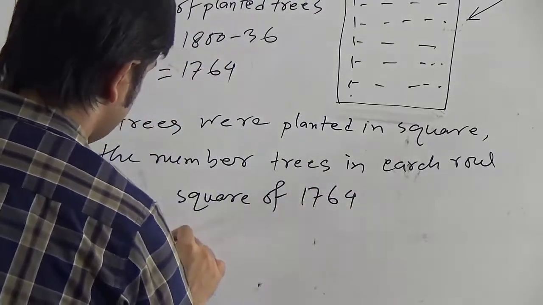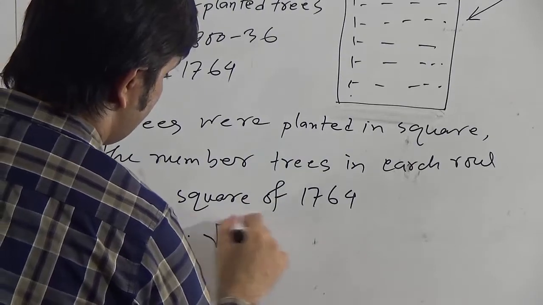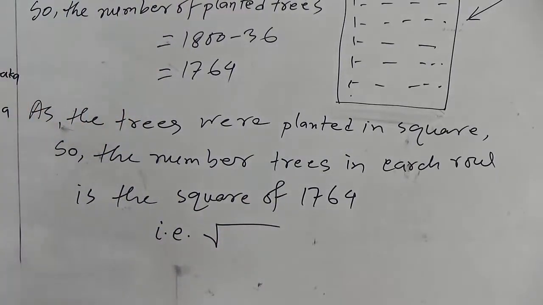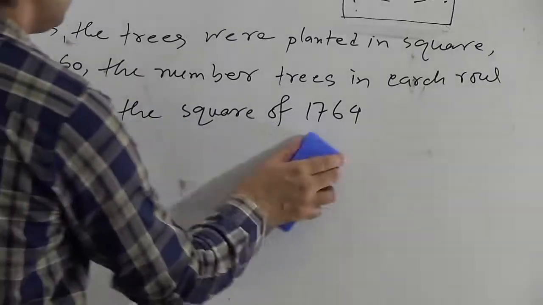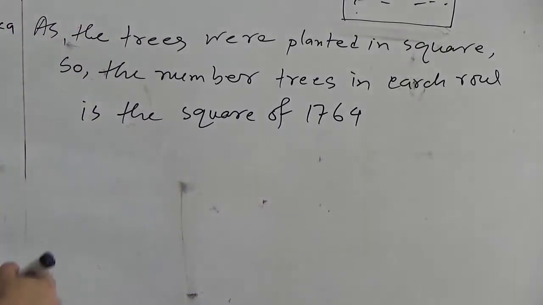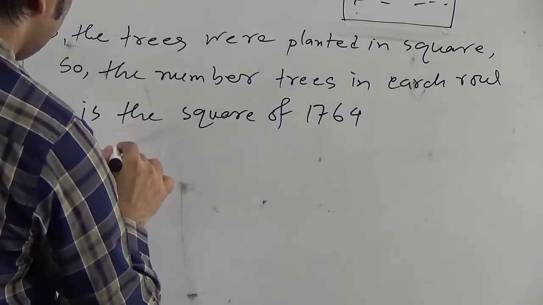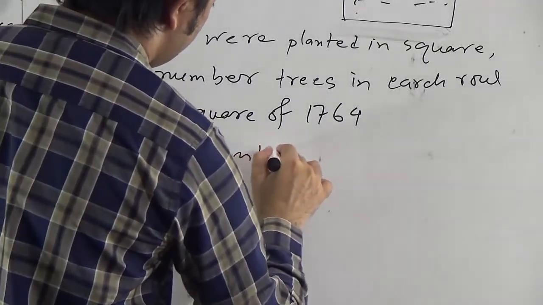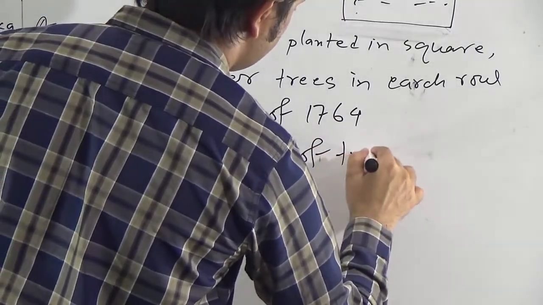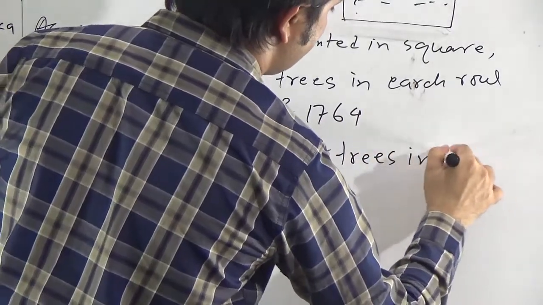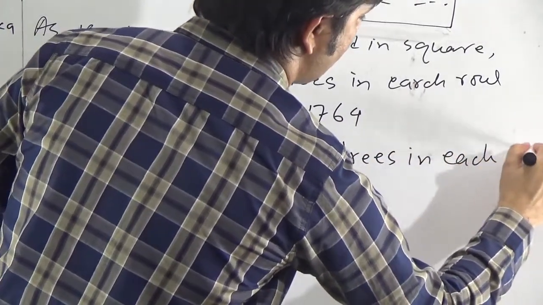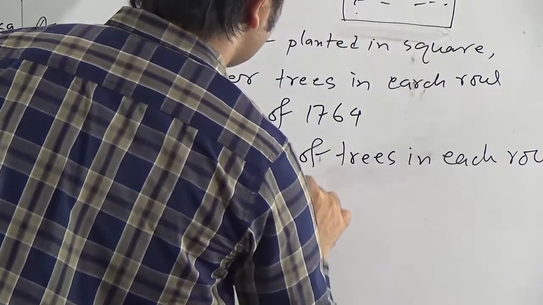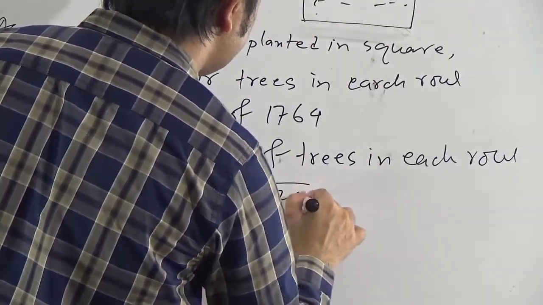That is, the number of trees in each row is equal to the square root of 1764.